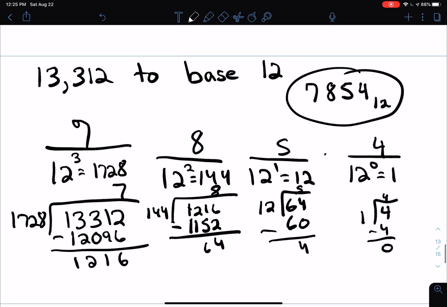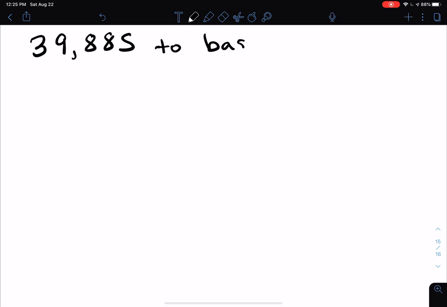All right, let's do one more. Let's do base 16. This one will involve letters. I'm sure you'd be like, yay, I need to see an example of that. So we're going to take 39,885 and convert that to base 16. Once again, I'm going to need my calculator here. 16 to the 0 is 1. 16 to the first is 16.